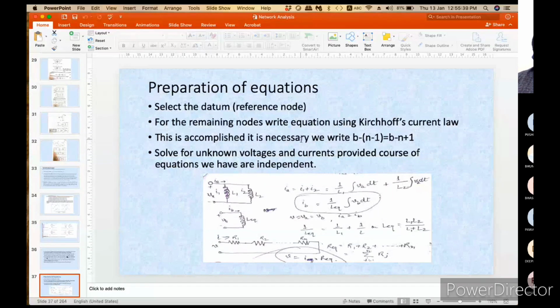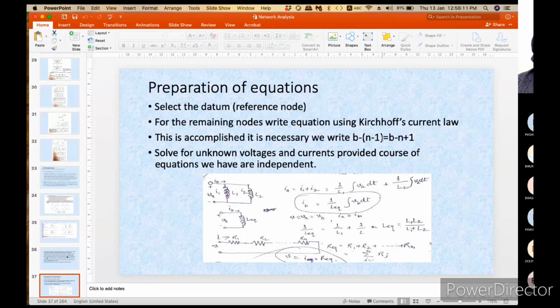And then we also have to decide how many such equations we will have to write, and this is decided by the number of nodes and the number of branches. Each component, when it is connected, is called a branch. So if there are b branches and n nodes, then one node is already gone for this datum, therefore we consider n minus 1.